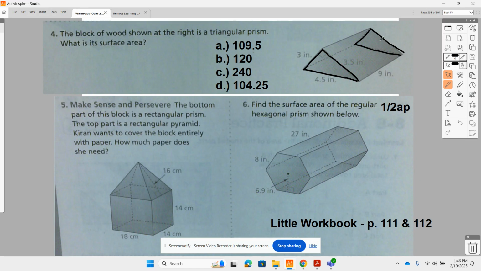It's the same on each side because it's a triangular prism. Look at what numbers meet at the corner. If you're thinking 3 and 3.5, you are correct. That would be the base and the height of the triangle.